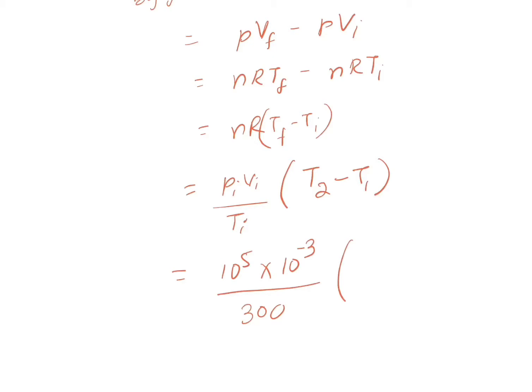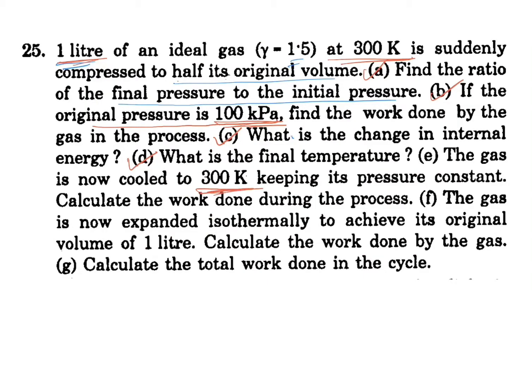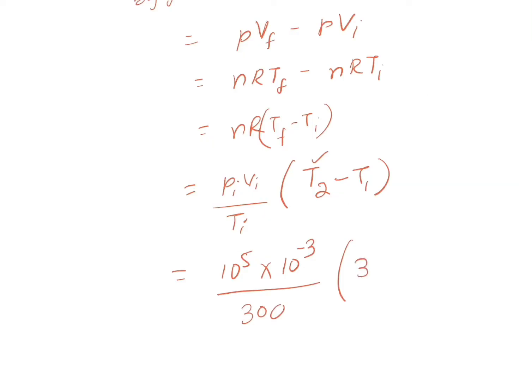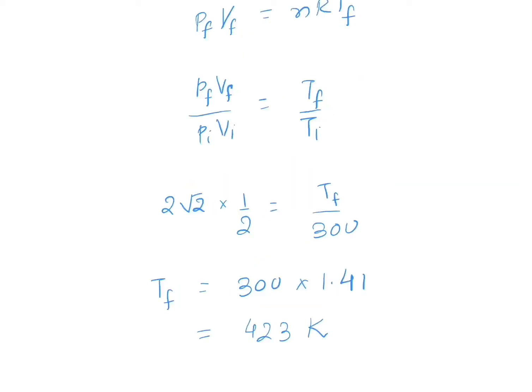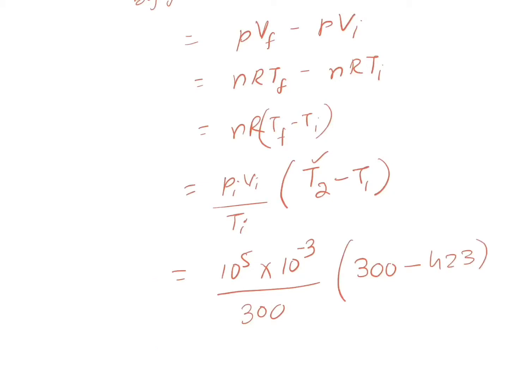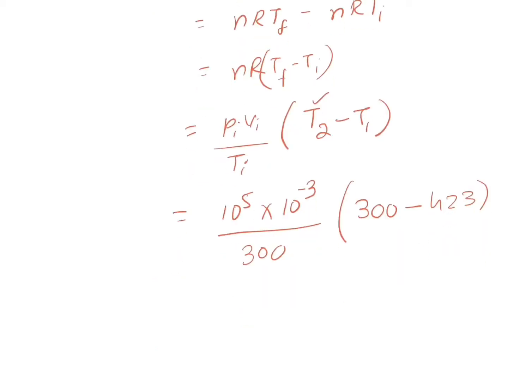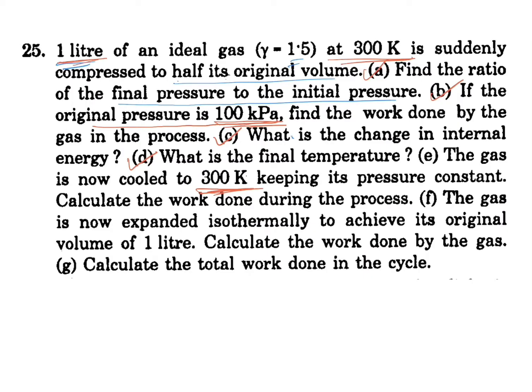Now the question says that the gas is compressed to T2, and T2 is finally again given to be 300 Kelvin. So 300 minus, just before this the temperature we calculated, 423. So when you simplify this, you will get this to be equal to minus 41 joules. This is the work done by gas. Okay, so E is finished.